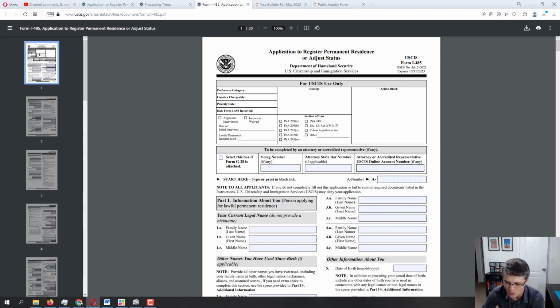Now, it seems like you decided to start the process because you have a couple of options, right? With the I-130, you have a couple of options when the beneficiary who you are petitioning for is in the United States of America.